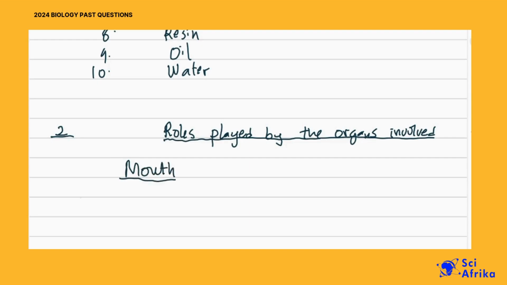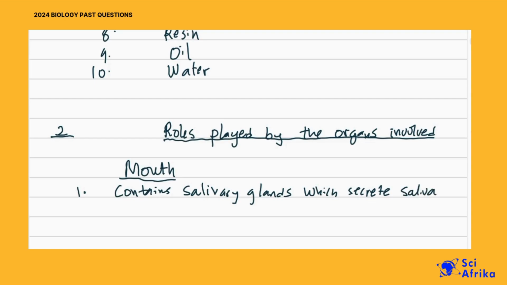Number 1, the mouth contains salivary glands, which secrete saliva, which contains ptyalin.